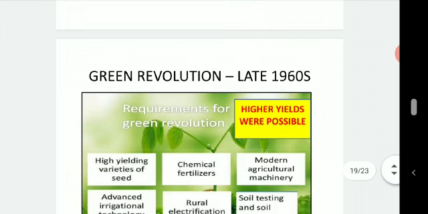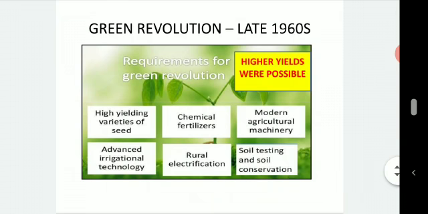So, in the 1960s, when the Green Revolution was introduced, people started adopting modern farming methods. Now, what is this? According to this, farmers started using high yielding variety seeds.